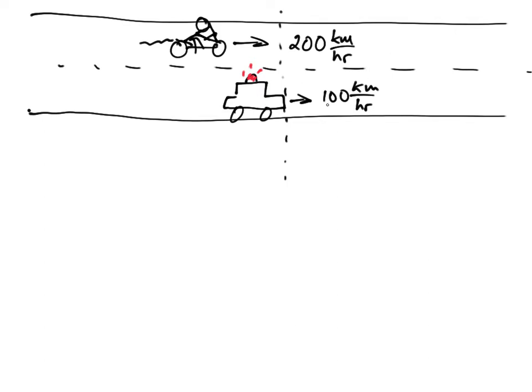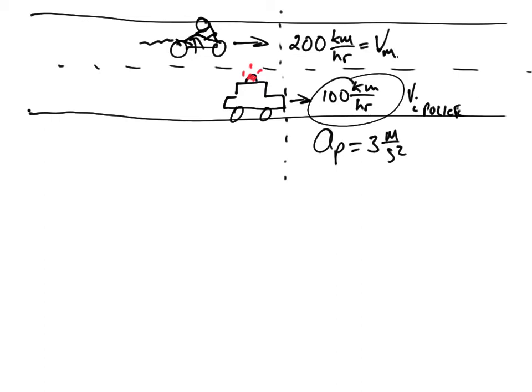Uh-oh, I better accelerate and catch that criminal. So the acceleration of the police car, P stands for police, is equal to 3 meters per second squared. But his initial velocity, this is the initial velocity of the police. This velocity is the velocity of the motorcycle, and it's also constant.